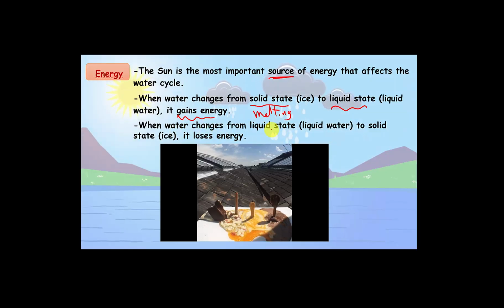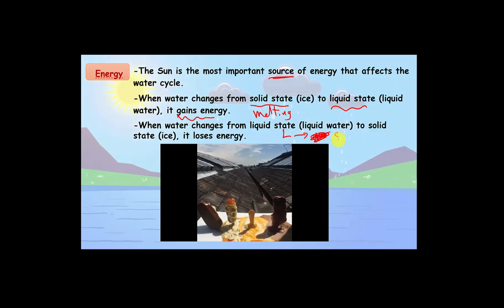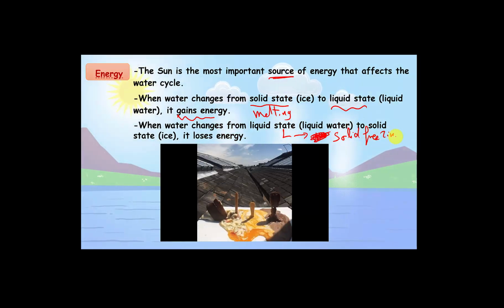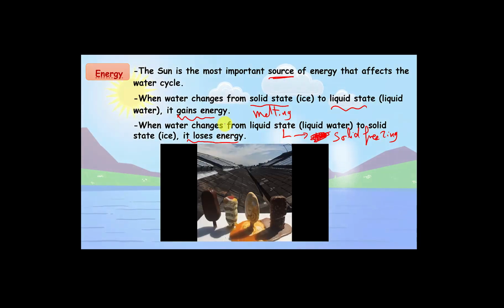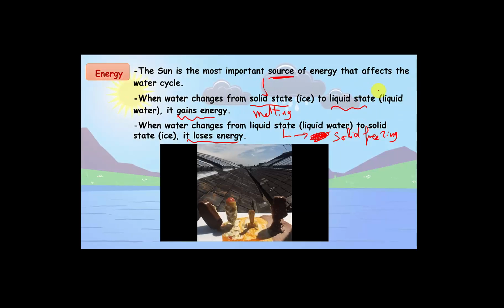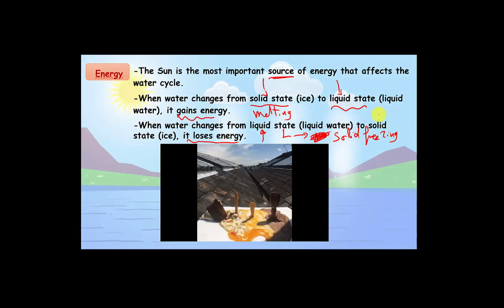When water changes from liquid to solid, this means freezing. Freezing, transferring liquid into solid, means this matter will lose its energy. So, when we gain energy, we transfer from solid to liquid. When we lose energy, we transfer from liquid into solid.